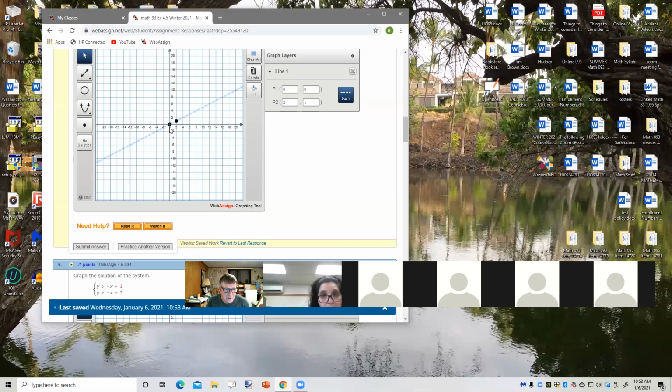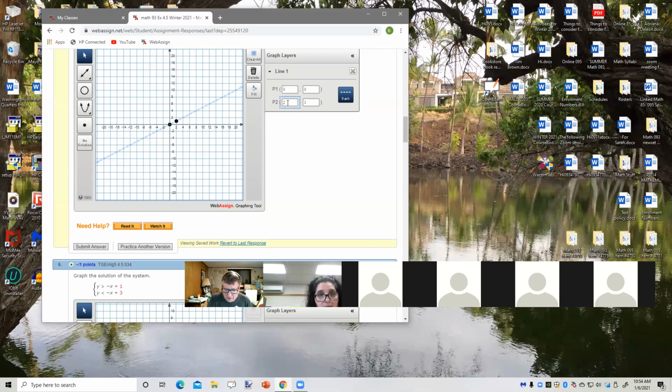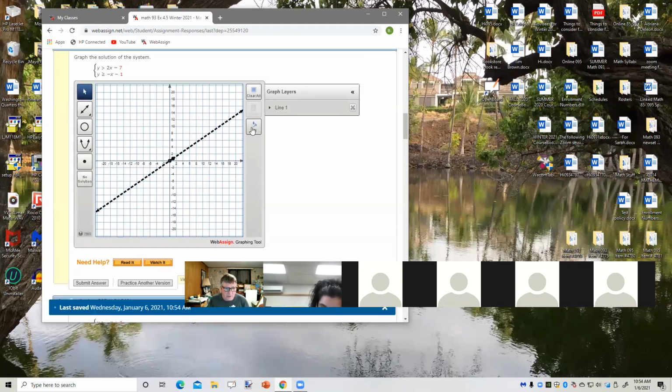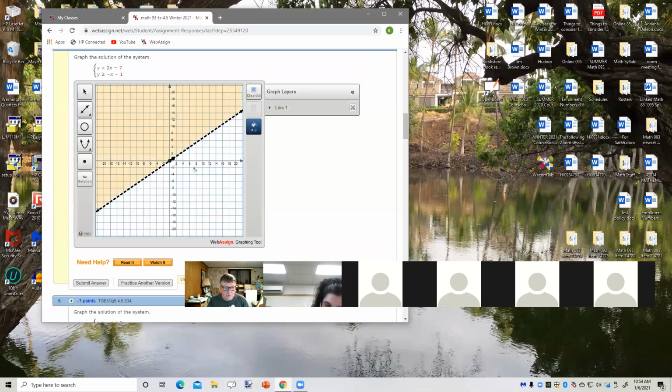The scale was 2s instead of 1s. So this is way off, but that's okay. I can fix it. I'm going to put in a 1 for x and a 2/3 for y. Okay. So there's my first, that's that dotted line. And it was above the line. So if we're going to fill it, it would look like that. Okay. So that's the 2x minus 3y less than 0.